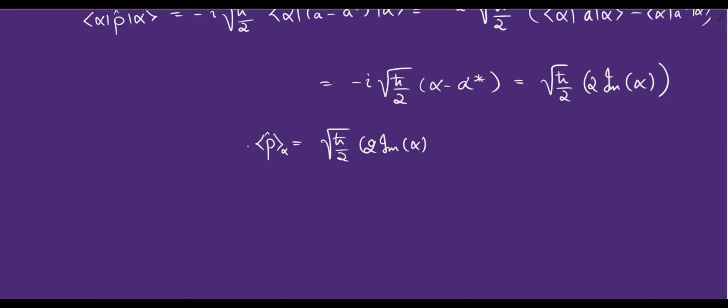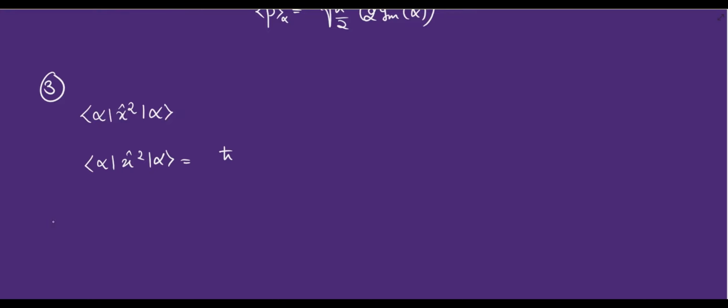Now you'll understand the importance of what all we are doing here once I show you visually on the quantum phase space how these states can be represented. Now let us try to calculate the uncertainties. For the uncertainty, we will need to find the expectation value of x cap squared operator. So let me try to calculate it. This is equal to h bar by 2 <alpha|(a plus a dagger)(a plus a dagger)|alpha>.